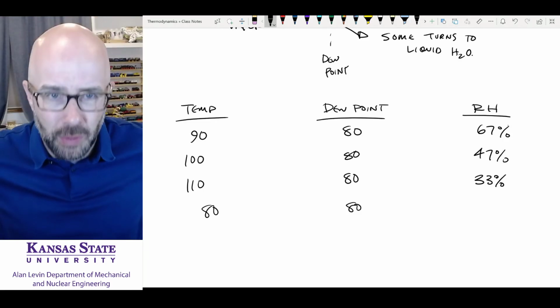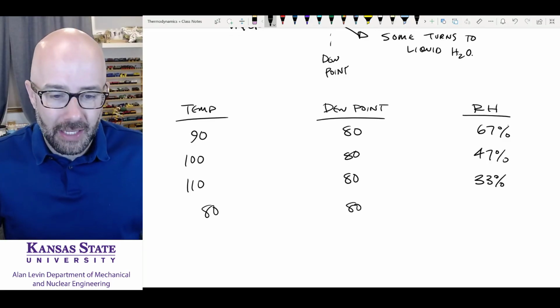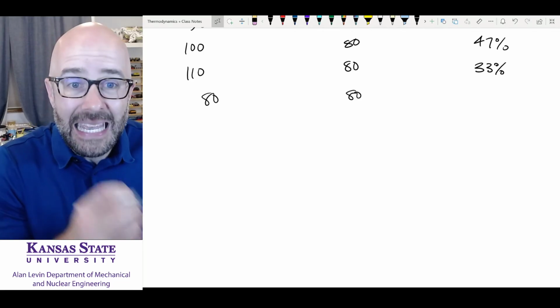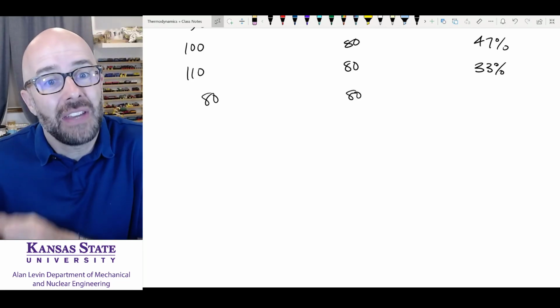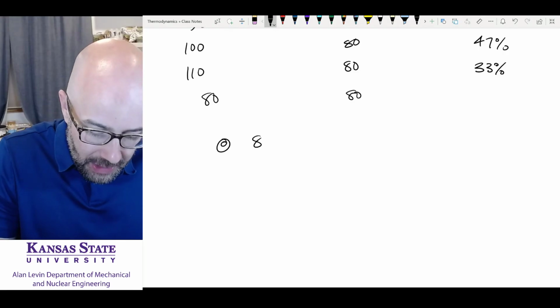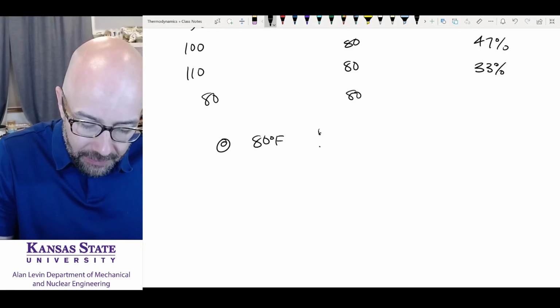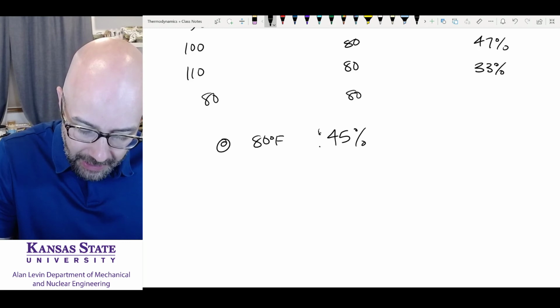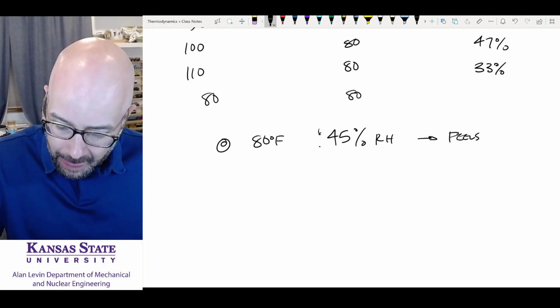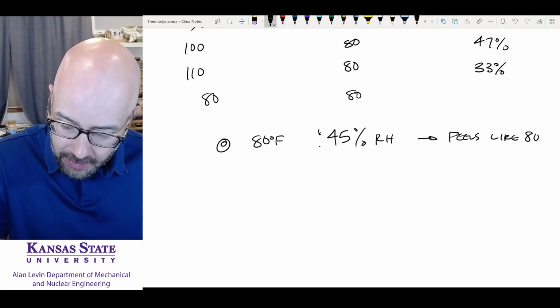So what we want to do as engineers is make the temperature that we're measuring outside actually feel like that. At 80 degrees Fahrenheit and 45% relative humidity, it feels like 80 degrees.